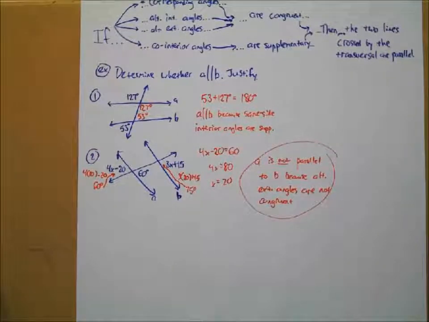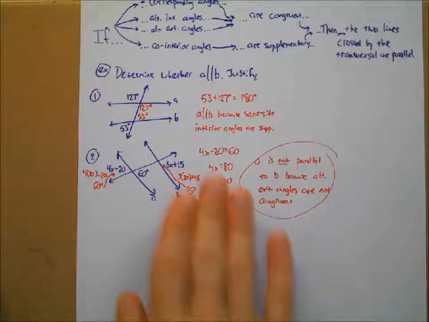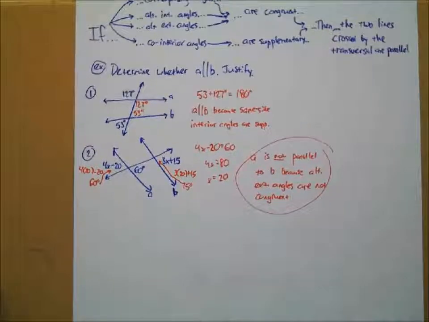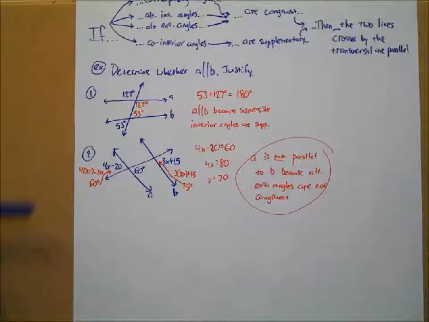Your work here is kind of your justification, but you need to indicate this here too. A is not parallel to B. You've answered the question, but then because. Why? Exterior angles are not congruent.